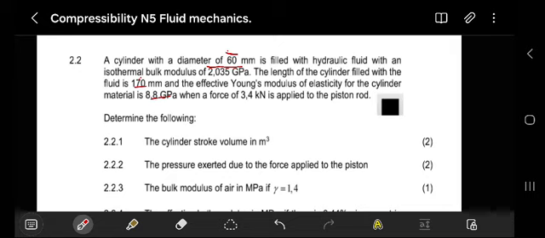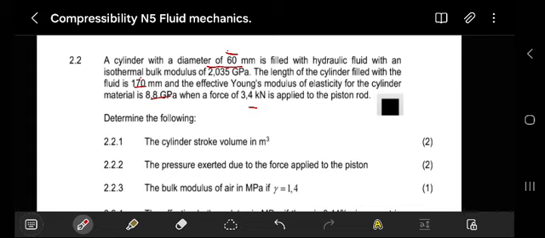When a force of 3.4 kilonewton is applied to the piston, the force is applied there. Okay, no problem.